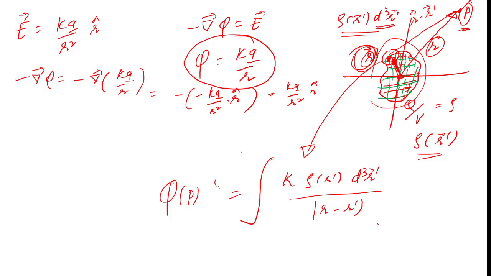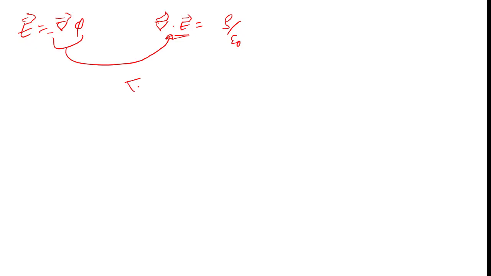Now let's look at another thing with the potential. We define E is equal to negative grad phi, but from Gauss's law we know that the divergence of E is rho by epsilon naught. So then I can plug this in here.